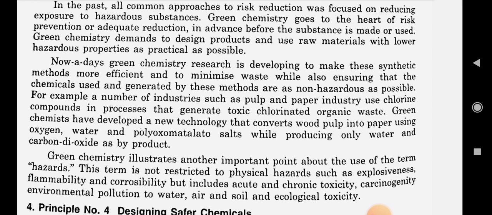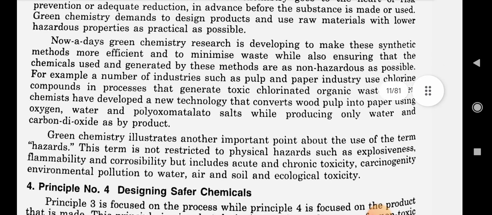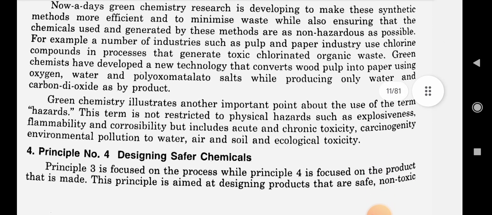Nowadays, green chemistry research is developing to make these synthetic methods more efficient and to minimize waste, while also ensuring that the chemicals used and generated by these methods are as non-hazardous as possible.